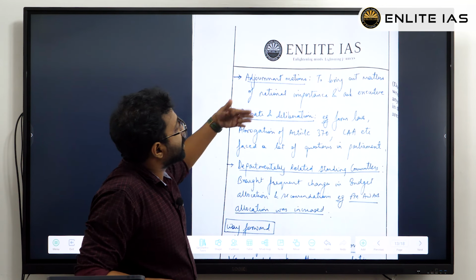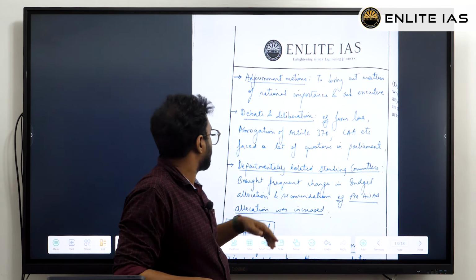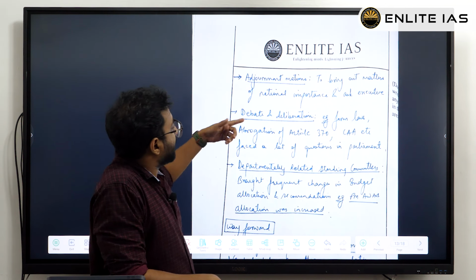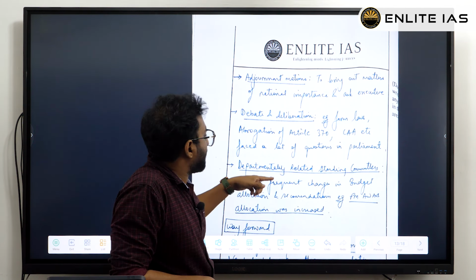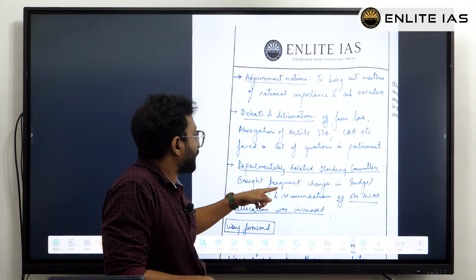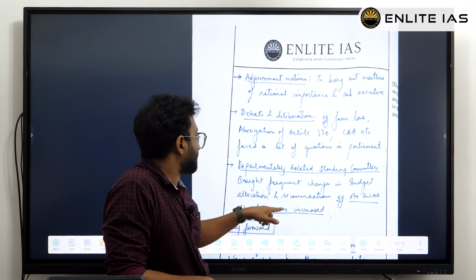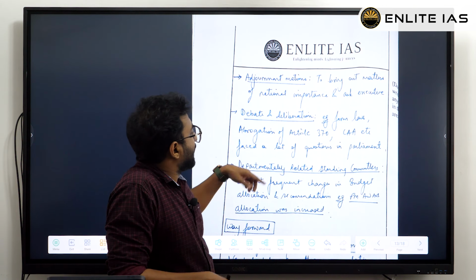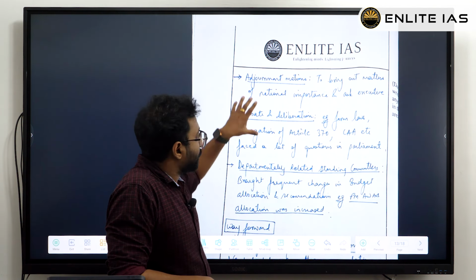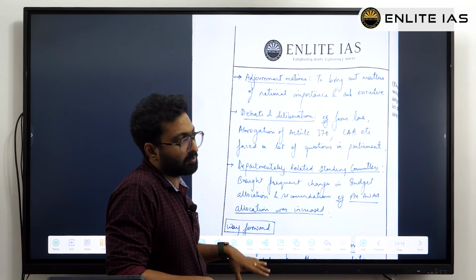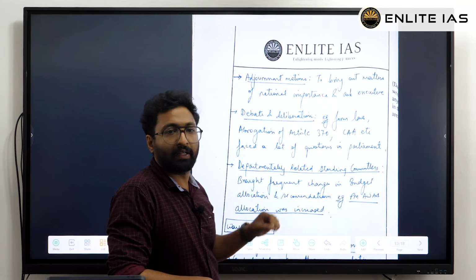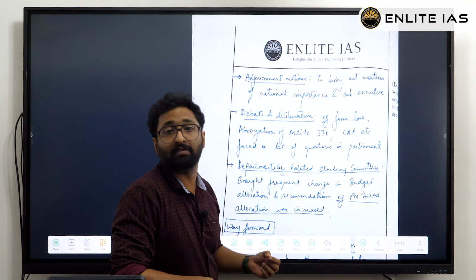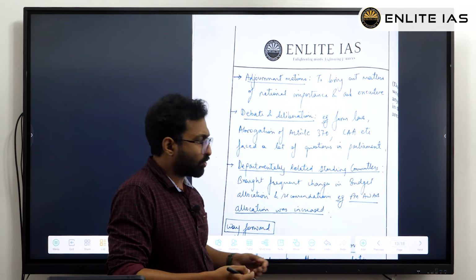Then adjournment motions that are actually getting used. Then debate and deliberations, department-related standing committees brought frequent changes in the budget allocation, and recommendations on the PM allocation, etc. were increased. There are some positive aspects written here, but he could have added some negative points also, but that is okay.